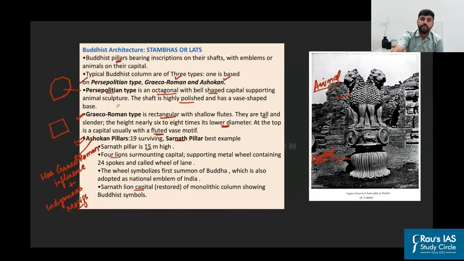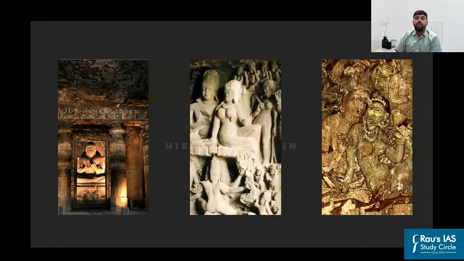Moving ahead. Now you can see these are the three arts, right, that we have already discussed. So this is your caves, Buddhist caves, right? Also known as Chaitya, right? This comes from, I won't say a cave per se, but it is more like a cave temple, right?